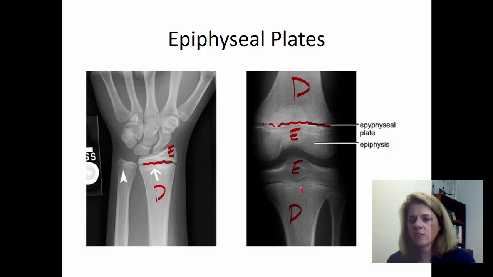You'll actually see a space if you're looking at an adolescent or child who hasn't yet finished growing. Because the cartilage isn't picked up on the X-ray, it looks like a gap. Now, if you take an X-ray of a mature adult, that's going to be fused, so the cartilage is no longer there, and the epiphyseal plate has closed.